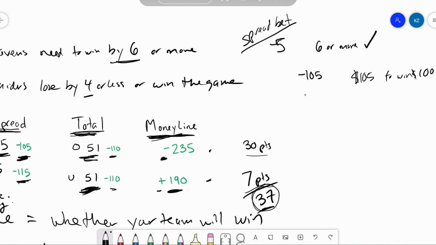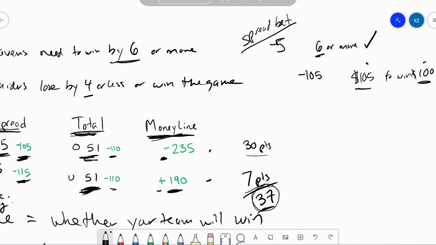When you see it, it tells you how much you need to bet just to win $100. So if the Ravens ended up winning by 6 at the end of the game, we would win the bet. And if we bet $105, then we would win that $100. Really cool. And that's how those odds work here.